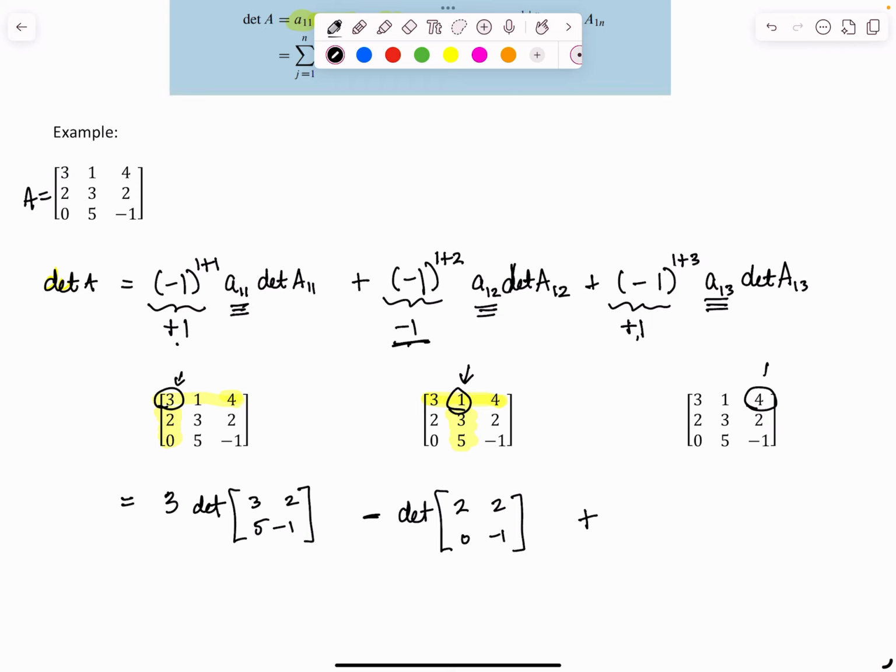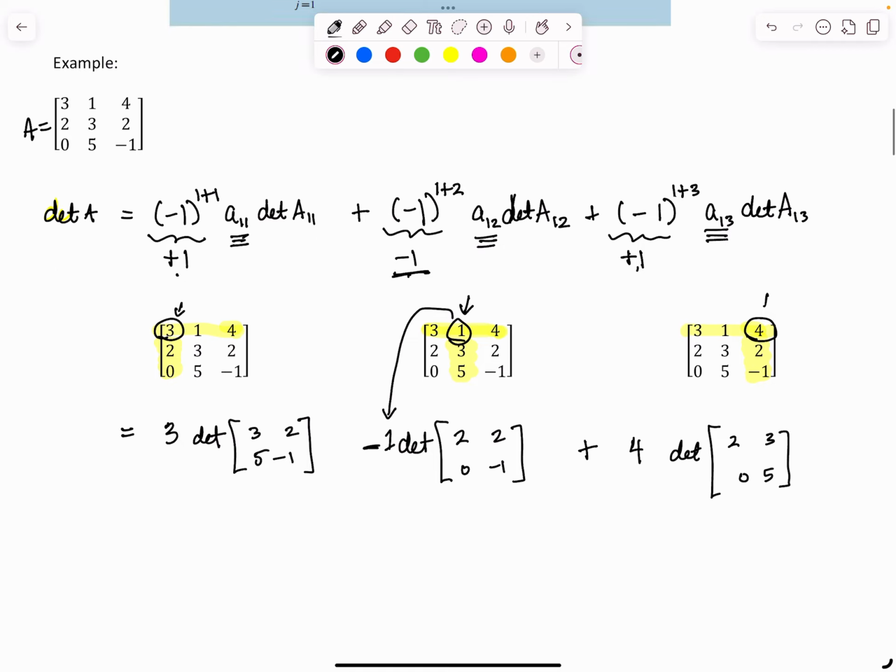In this case, you now have to multiply by 4 times the determinant. I should put the 1 in here just as a reminder that it is a 1. And then you want the determinant of the matrix if you delete the row and column that 4 appears in. So 2, 3, 0, 5.